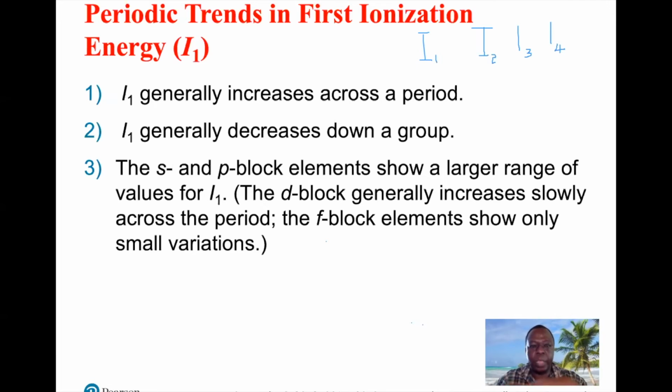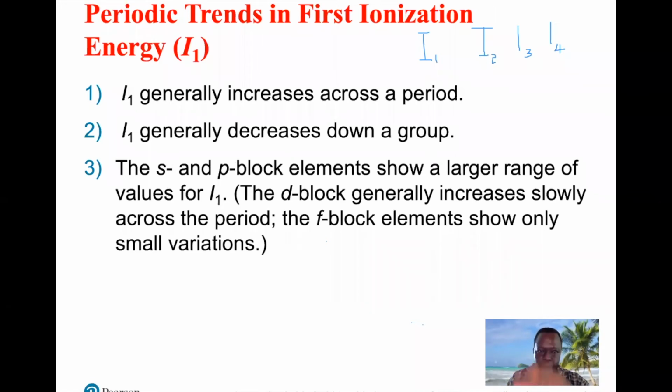Now, these are for s and p blocks, but for d block, for s and p, you know what this means: when you write the electron configuration, the last electron ends up either in the s or in the p sublevel. We call those s and p block elements.